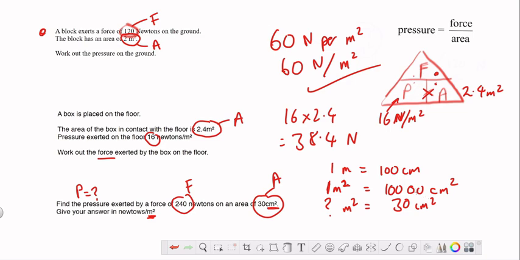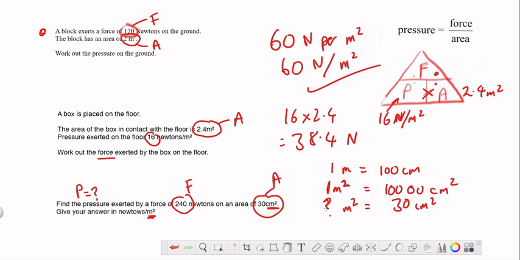So the right hand side is a lot bigger than the left hand side. So the number we're going to get here is going to be a lot smaller than the 30, because the left hand side needs to be smaller. Whatever calculation I do, I need to make sure it's smaller.